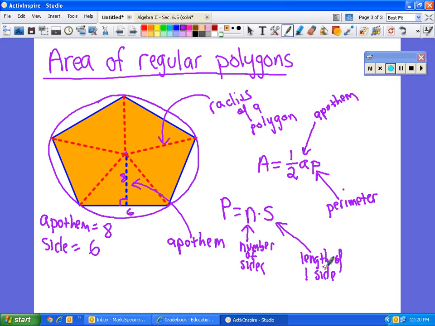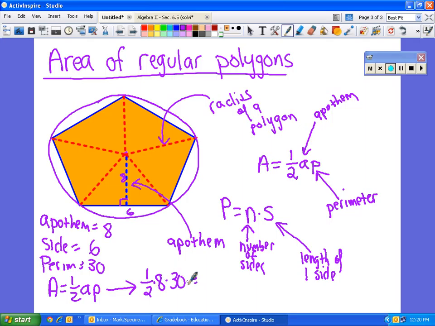So now that I know that the perimeter is 30, I can apply that to my formula, 1/2 a times p. So the area is 1/2 times my apothem, 8, times my perimeter, 30.